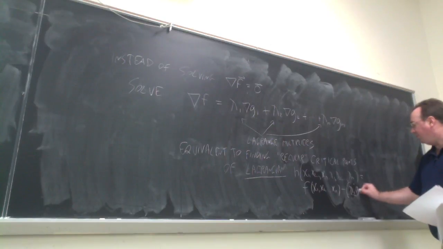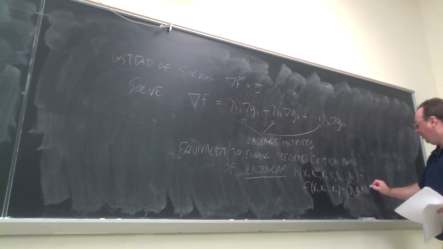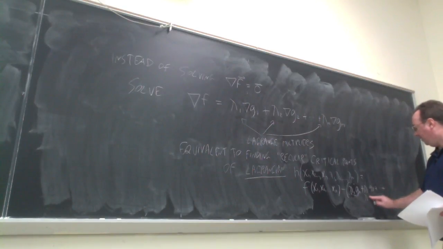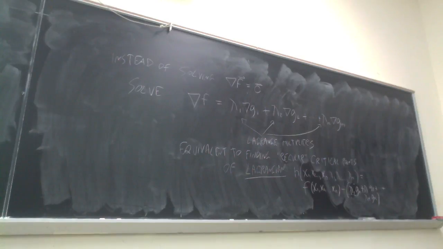So lambda 1 g1 plus lambda 2 g2, up to lambda m gm. If you were to take the gradient of this function, and by that I mean differentiating with respect to all the variables, your x's and your lambdas, and set that equal to 0, you would get exactly this.